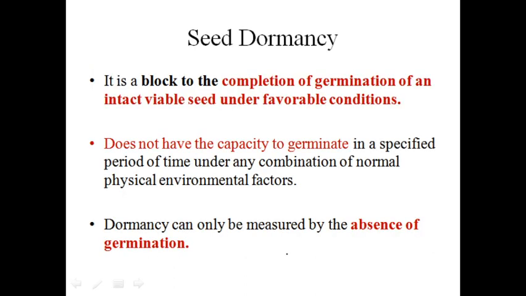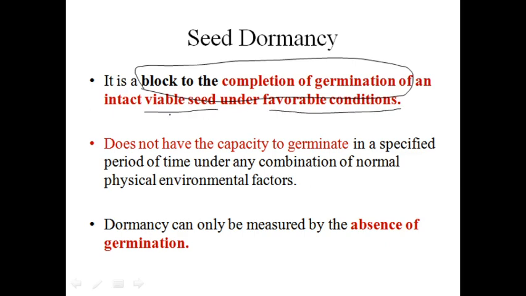Then we go for seed dormancy. Dormancy is nothing but a block to the completion of germination of an intact viable seed under favorable conditions. We know viable means with the ability to germinate, but dormancy blocks the completion of germination even with favorable conditions.